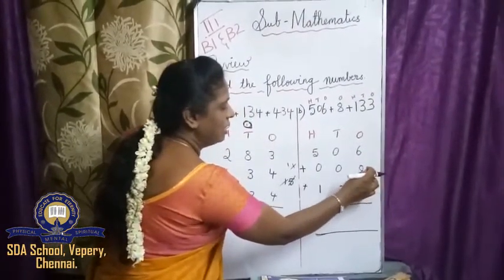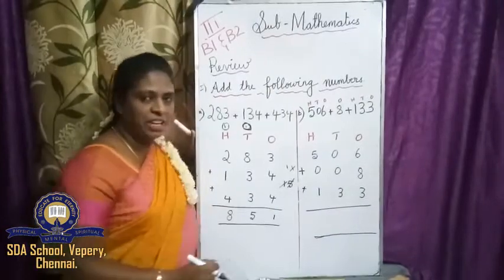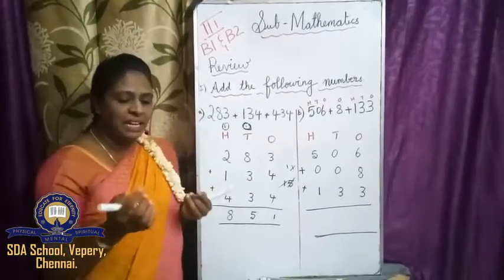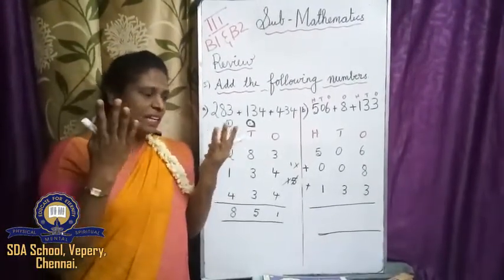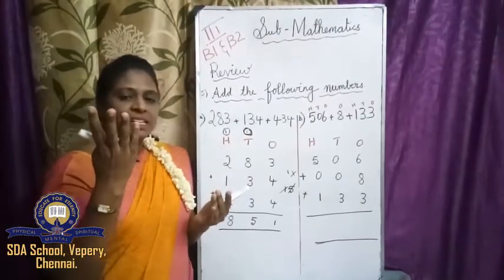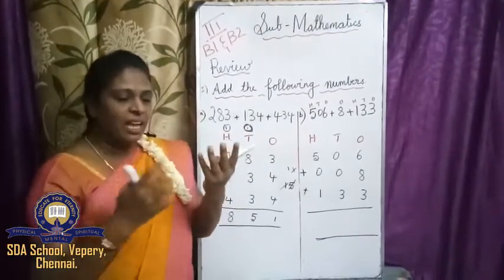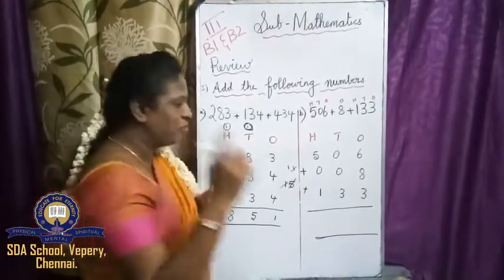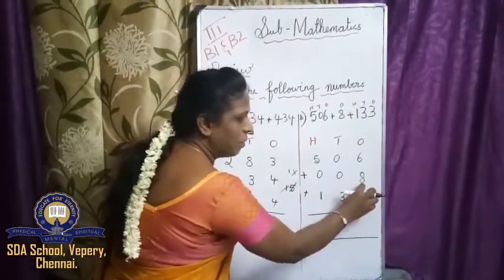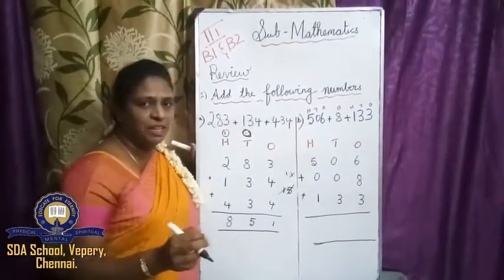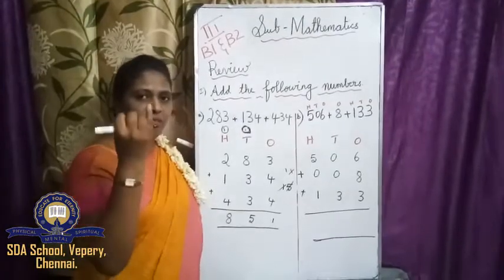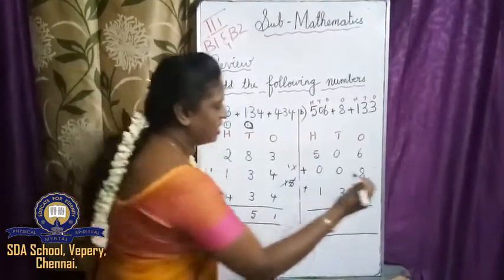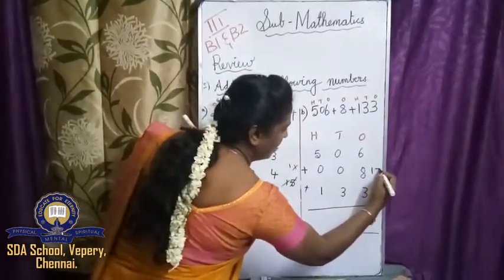6 in the mind and 8 in the finger. After 6: 7, 8, 9, 10, and 11, 12, 13, 14. So 14 in the mind and 3 in the finger. After 14: 15, 16, 17. How much are you getting? 17.